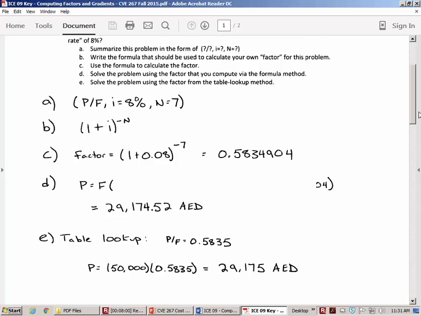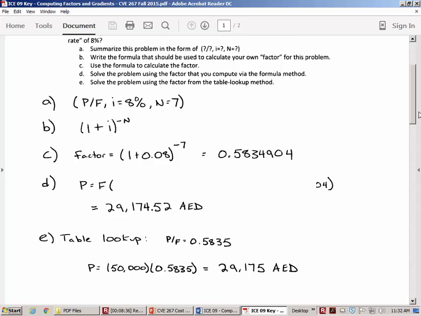So when I use the table lookup method, I calculate 29,175, but really what I have to write, and I corrected this on my paper, truly what I know about P is it's only 29,180 because I'm forced to round off this fourth digit, and since it's a 5 here, we round up. So how would I express the answer when I'm using the table? I'd say 29,180. But I know using the factor method all the way here to the 100th of a dirham.